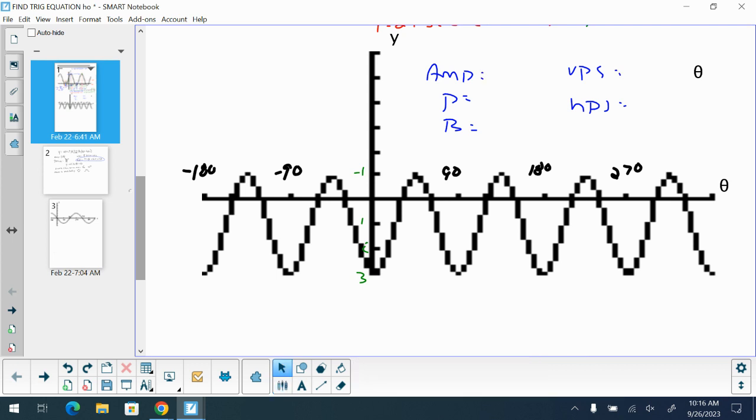Drawing your prime axis, what piece of information does that give you? Okay, put it down. From there, what's your amplitude? What's your distance to your peaks and valleys?